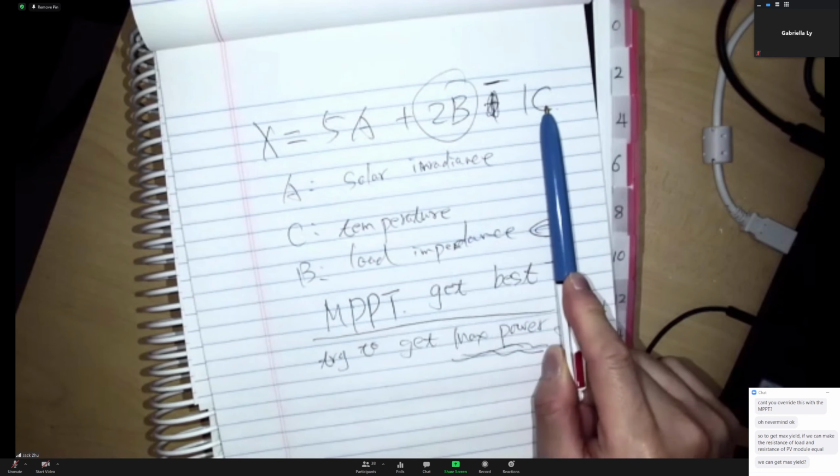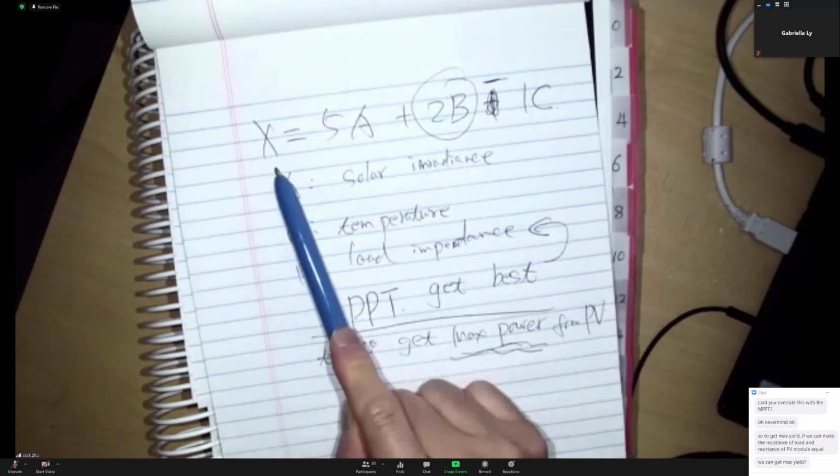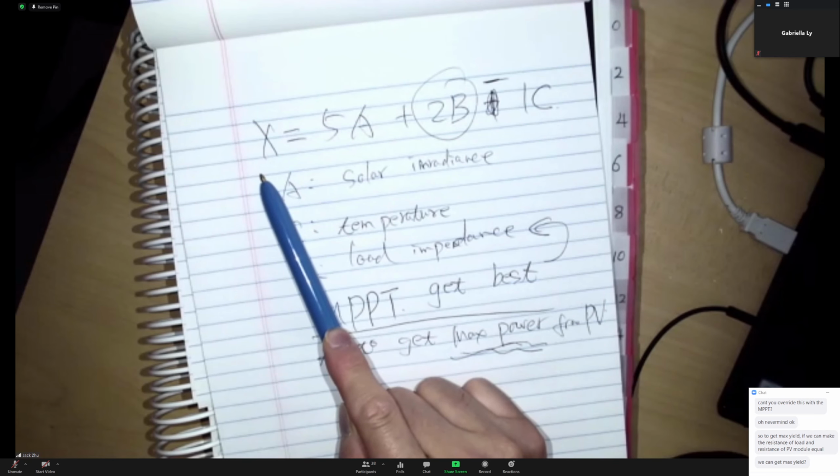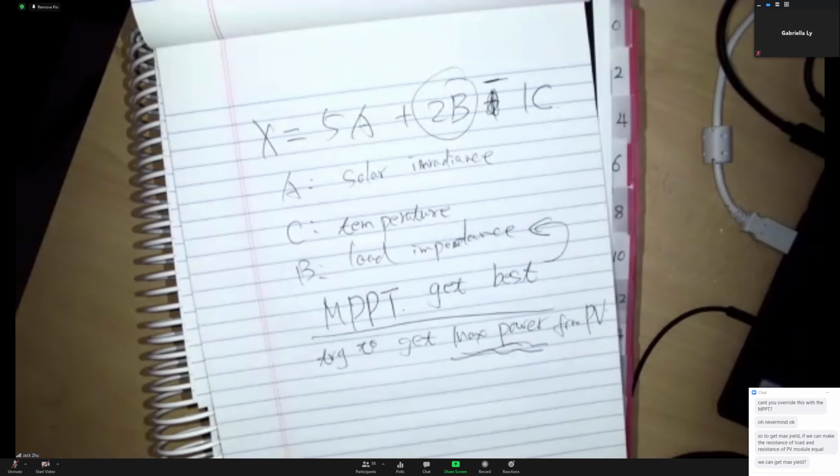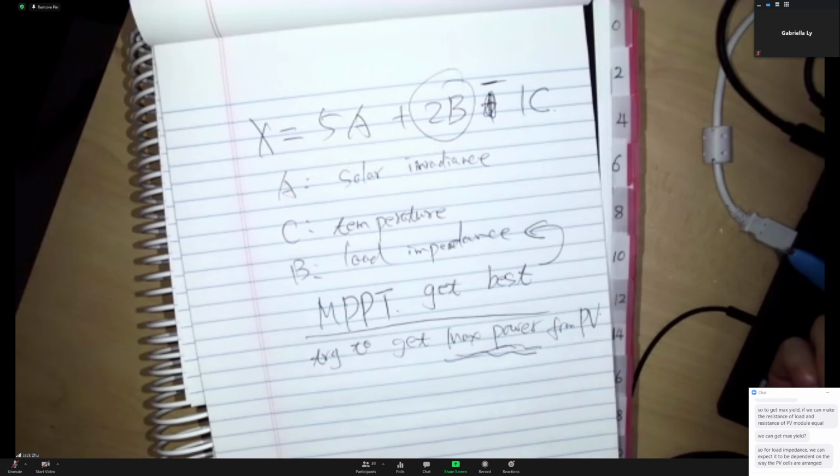Any of those changes will change the power available. But there are two things you cannot control. One is the solar irradiance, so all you have to do is make sure there's no shadowing.